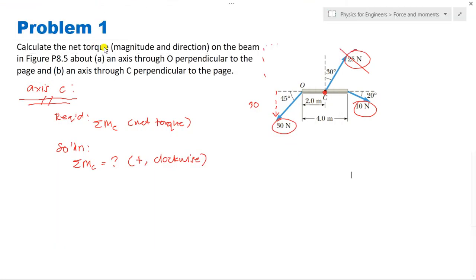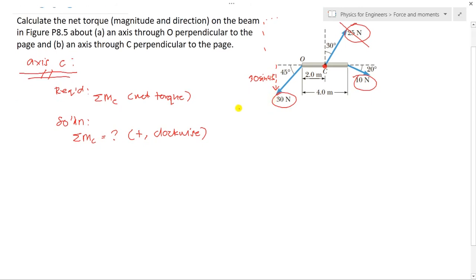But actually, pasalamat mo kung 45, bahalag ma-cosine na og ma-sine, di mo marong kay equivalent ra man gud ang cosine of sine. Okay, so right here 30 sine 45, what is its moment arm sa atong 30 Newton nga force with respect to our axis C? Unsa man? 2. So this is 2 meters.